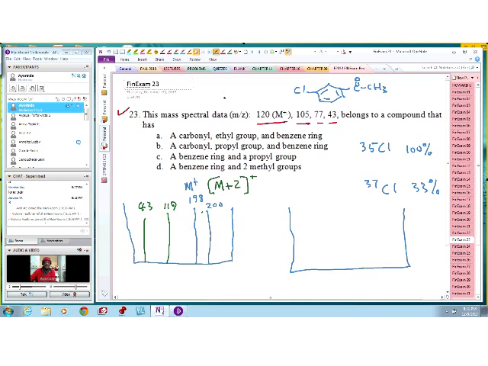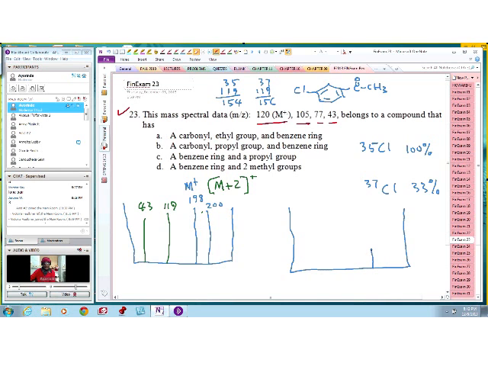We have chlorine, that is 35 plus 119, that would be 154. So then in the case of chlorine 37, 156. So what are you going to see?